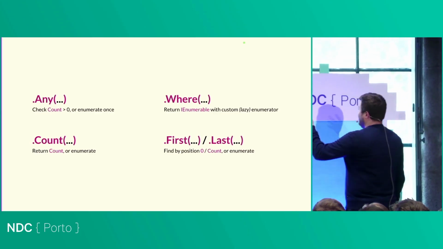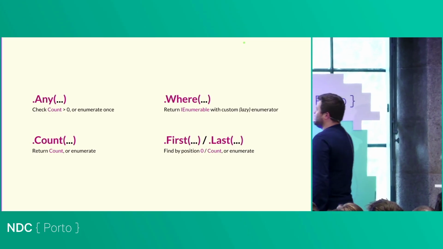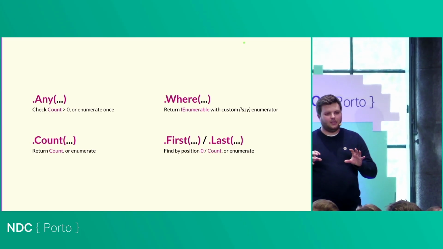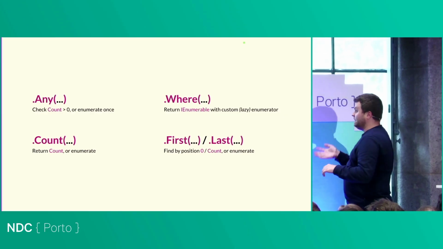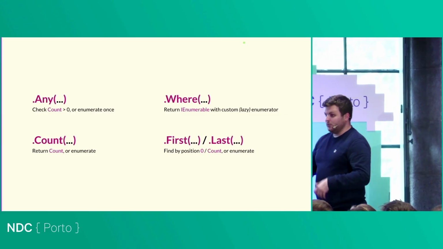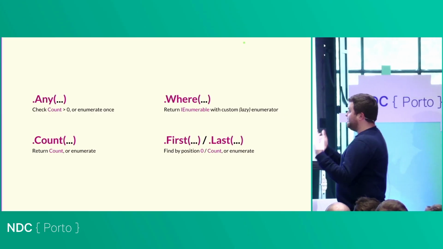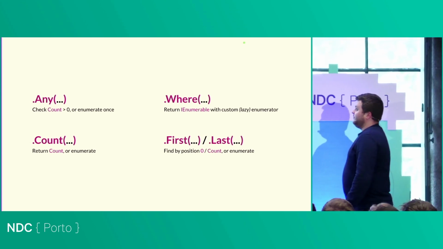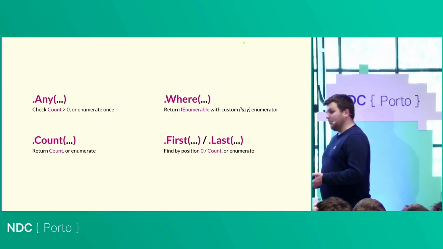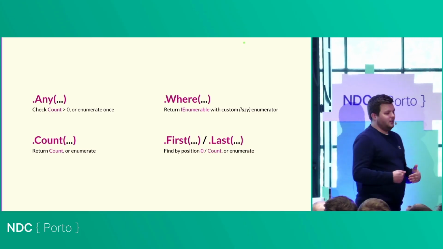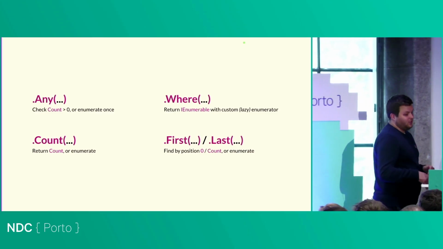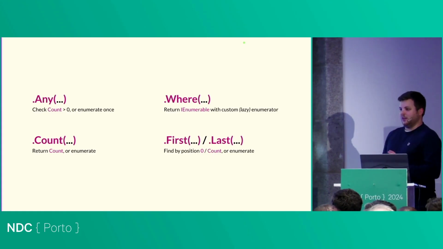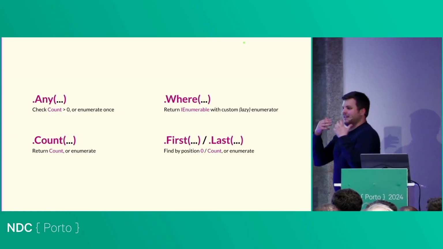Similarly, Where, First, Last, these are fairly common as well because they allow you to pass in a predicate that will filter that collection. And the only way for .NET to go and determine if that filter is true is to evaluate the items in the collection until one is true. So in this case, Where will return an IEnumerable with an additional enumerator on the top, which wraps the core enumerator that was being used originally and puts that condition in place.